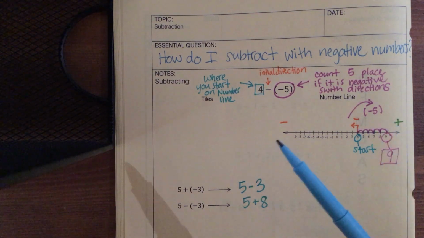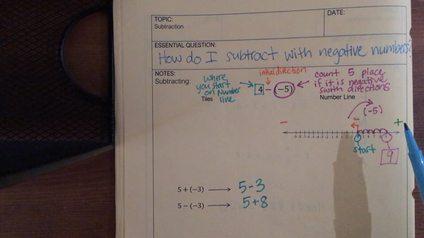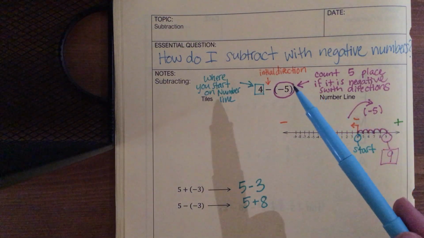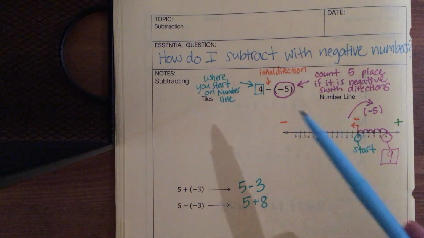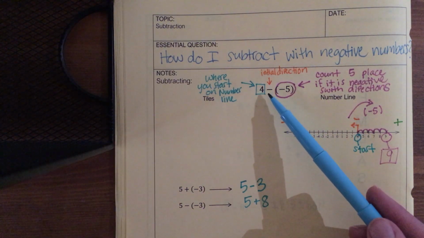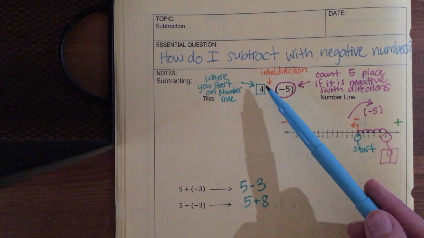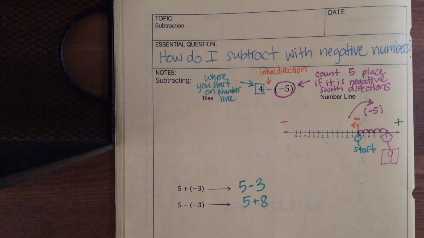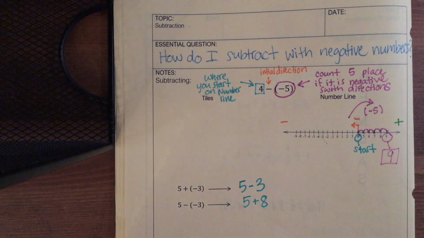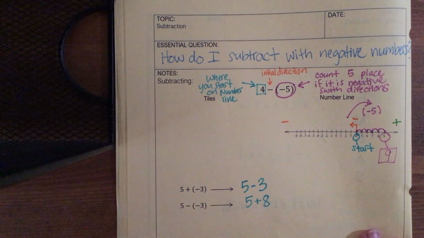We're going to head to the left or we're going to head to the right. When we have a negative number as our second number, we're going to switch directions from whatever our sign tells us. This first number, if it's negative, remember that's just the starting number. So that negative doesn't change anything, it just changes where you start.